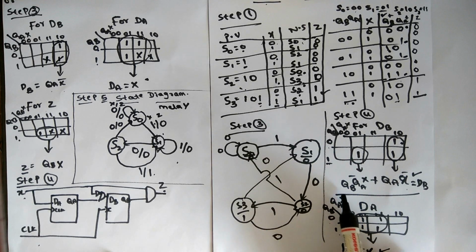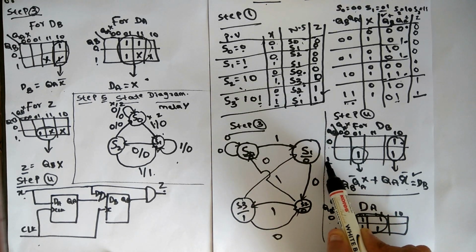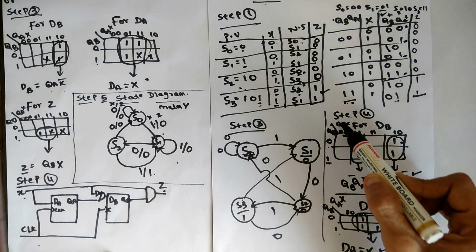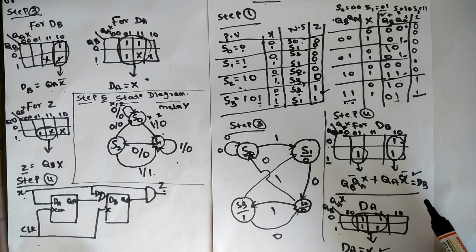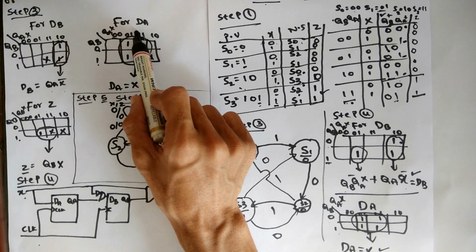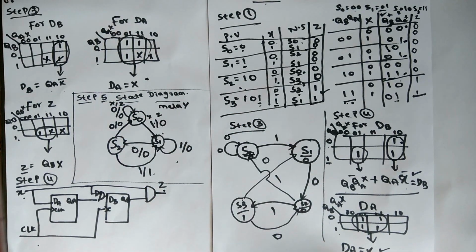So for this equation, because 0 is not present here and only 1 is present, it is QB, and 0 1 means QA bar and X. So your dB becomes QB plus QA bar X plus QA into X bar. Similar way, if you go for DA, it is as usual as the previous DA. There is no change between the previous and this. So you will get DA is equal to X in both the conditions.